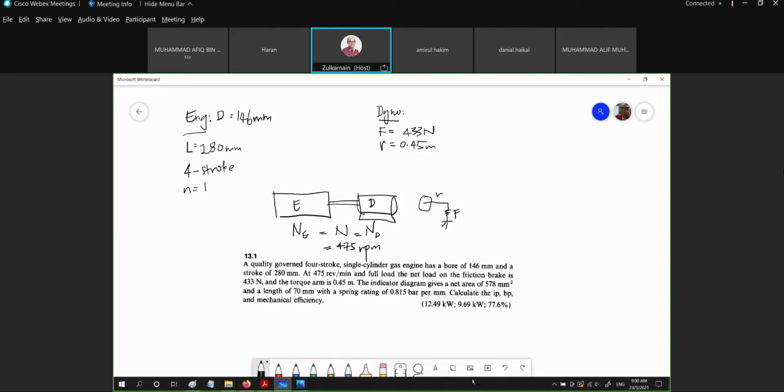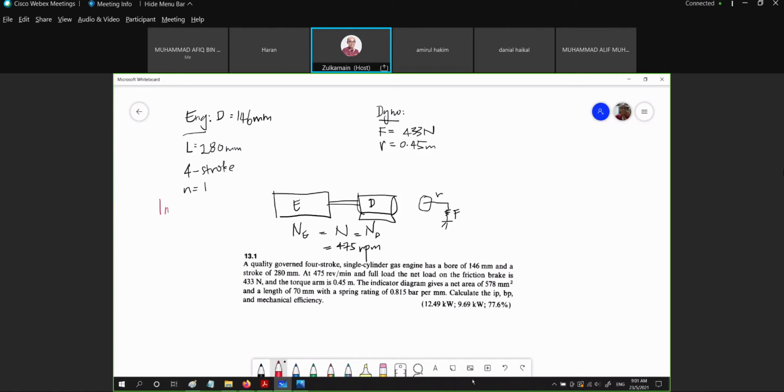Then we have extra information on the indicator diagram. Is this indicator diagram for the dyno or the engine? Engine. So our engine is equipped with an indicator diagram.